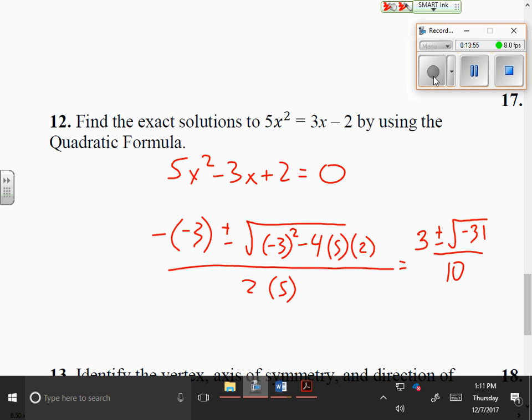The only thing we can do is, technically, we're not allowed to leave our answer with a negative underneath the radical. So, we bring it out as an i. That is all you can do.